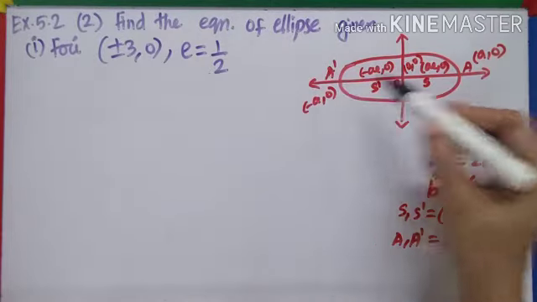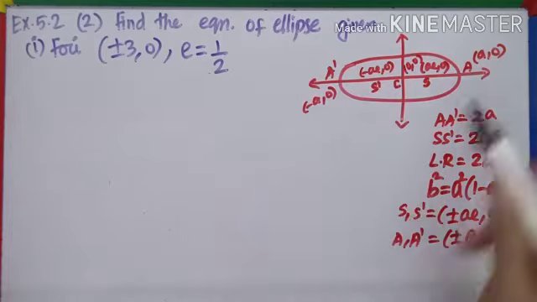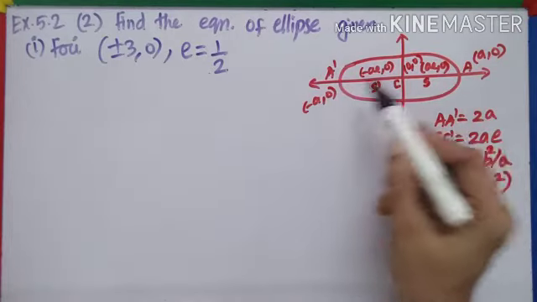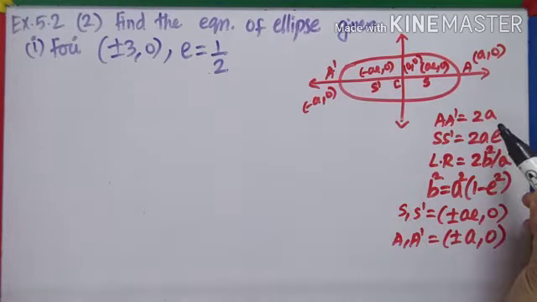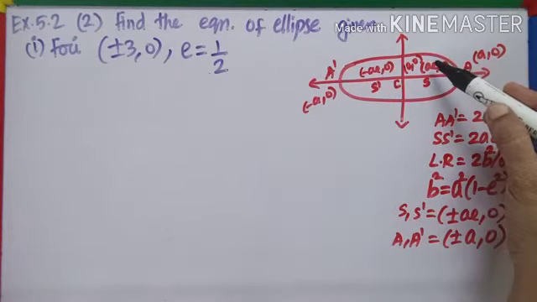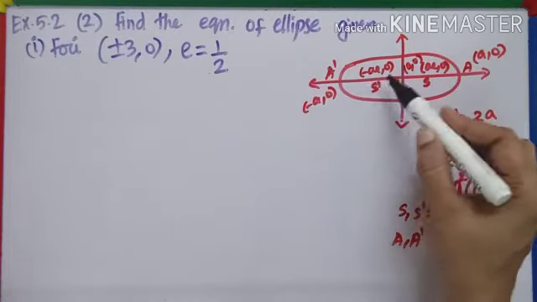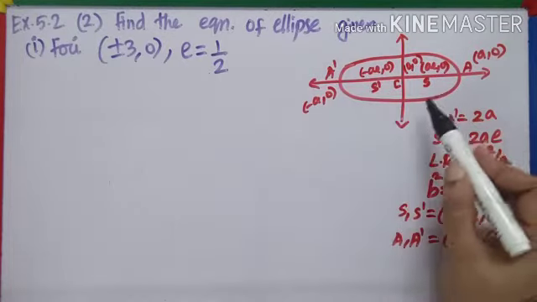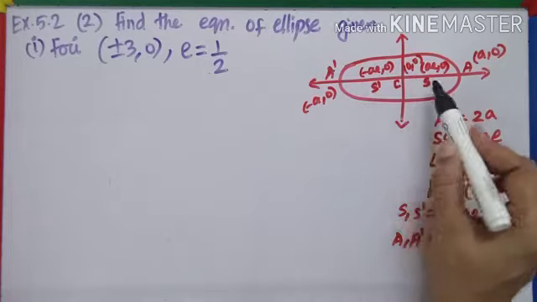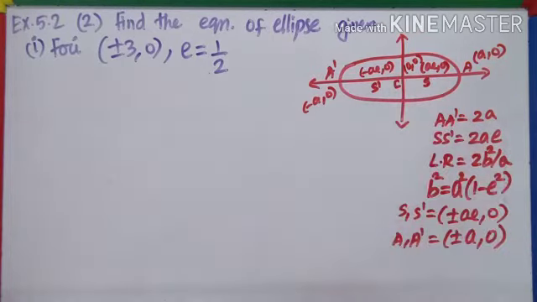The vertices are a, 0 and minus a, 0. So distance between the vertices is 2a. The focus, we write c. Remember, c is AE. So AE, 0 and minus AE, 0 will be for the focus. Distance between the foci, here AE, here AE, together 2AE.